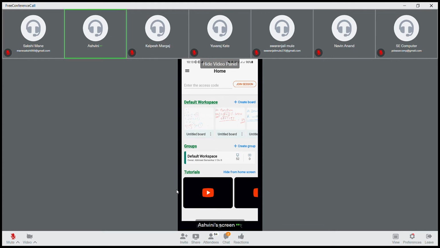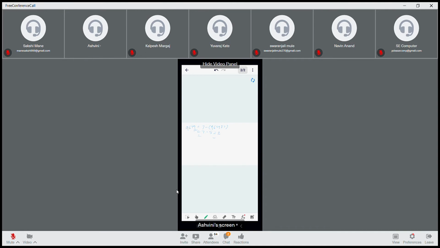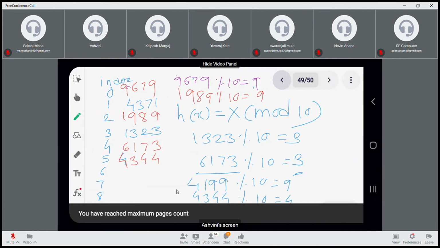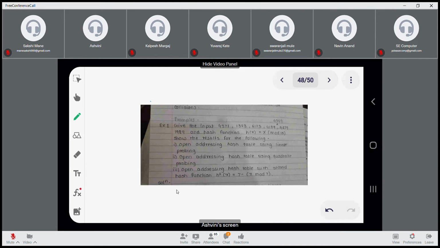Have you solved the homework problem? We have solved this example in the last lecture, isn't it?